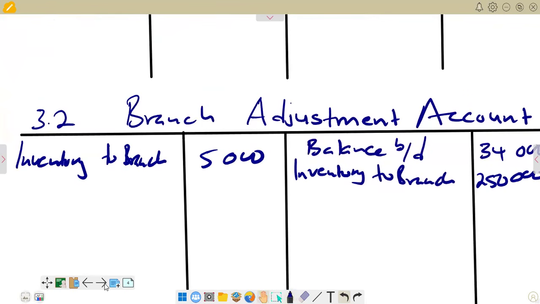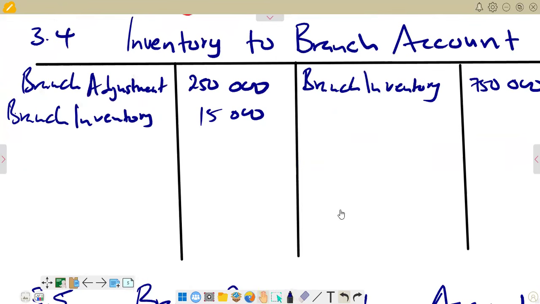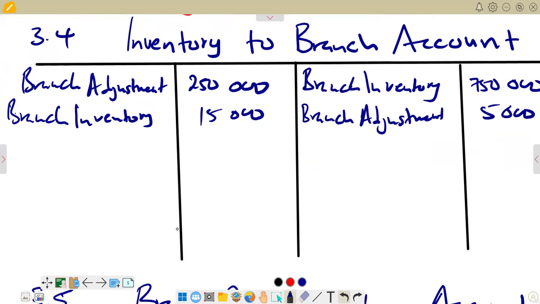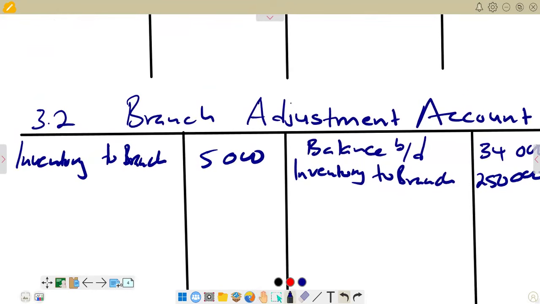Inventory to branch is here, so we credit it here by saying branch adjustment. We have 5,000. So we have completed that one. We'll go to the next one to see what we have.